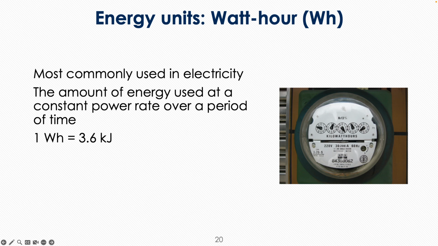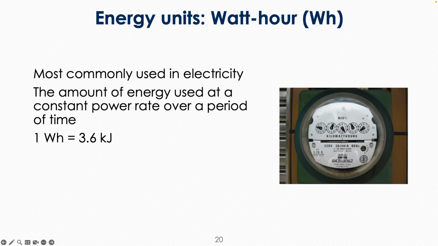Time, what does that mean? There are 60 minutes in an hour and 60 seconds in a minute, and when you multiply that, you get 3,600. Yes, very simply, 1 watt-hour is equal to 1 joule per second times hour. Then I just need to do a unit conversion.